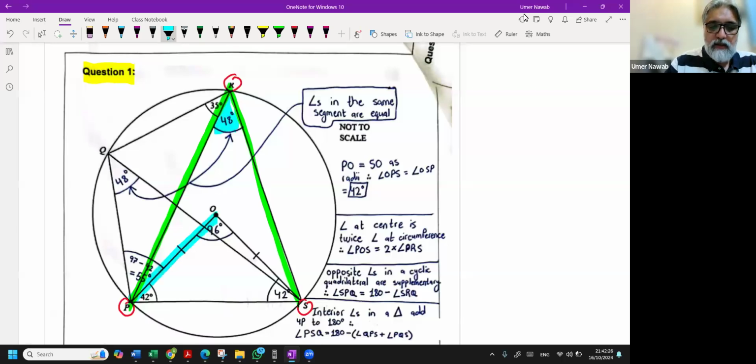Can I connect it with the central angle, which I have already found as 96? This is always double and this is half. So half of 96 is 48. What is the name of this property? The name of this property is angle at the center is twice the angle at the circumference, which is written over here. Next.